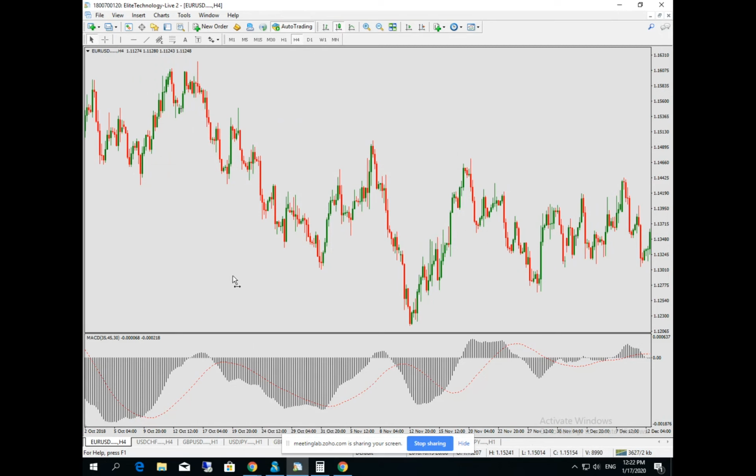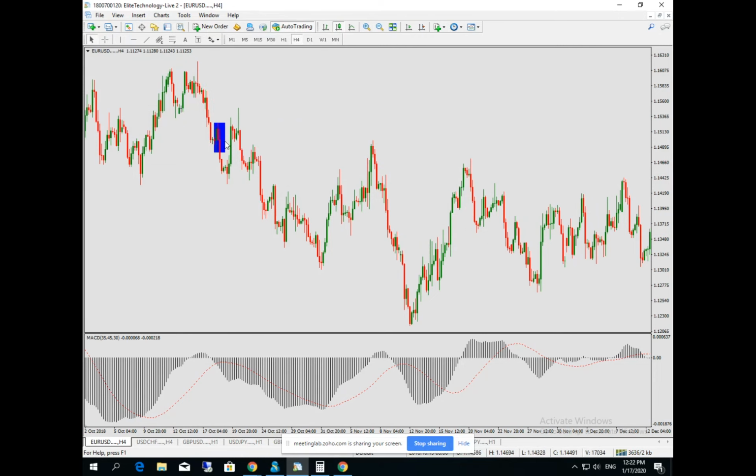All right, so if we are selling at this level here, let's put a sign here. It's about this area.